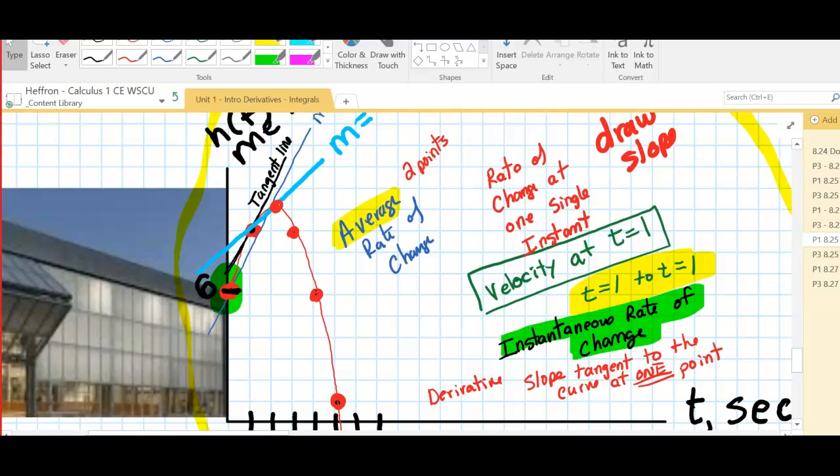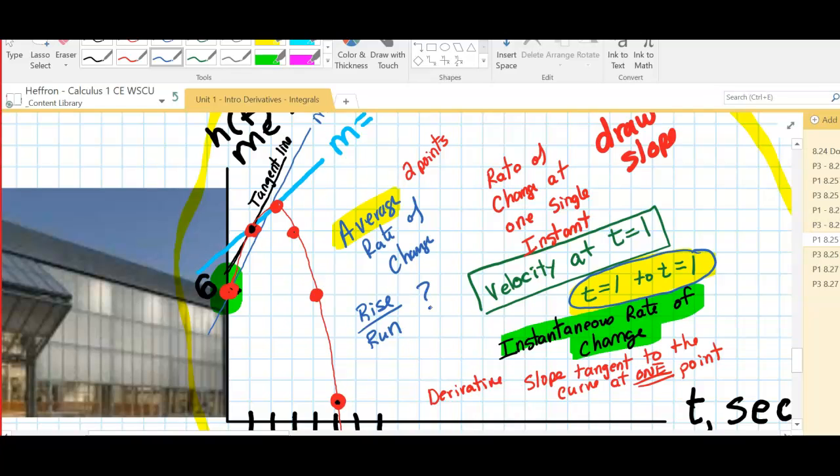Miguel, are you with me? I want to ask you a specific question. And I want everybody to listen and think about the response. Yeah, what's up, mister? So if I wanted to do at one single instant from t equals 1 to t equals 1, could I do rise over run? Yes, question mark. Okay.